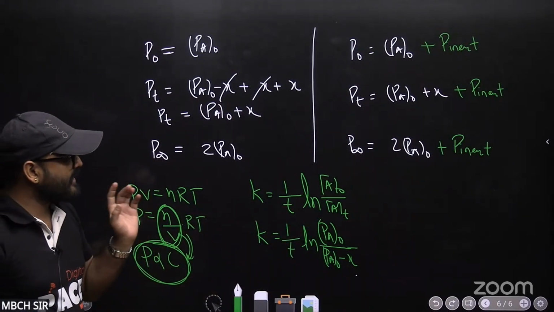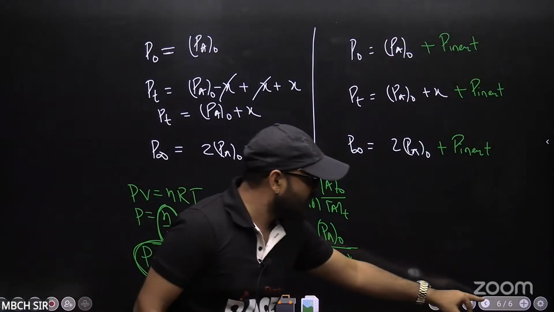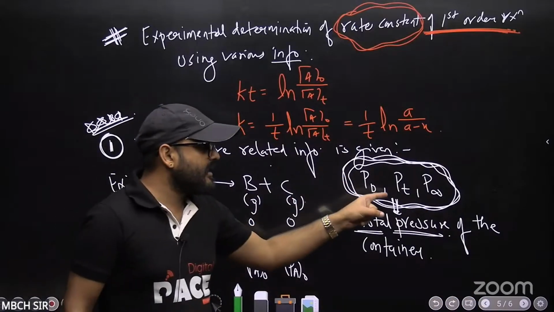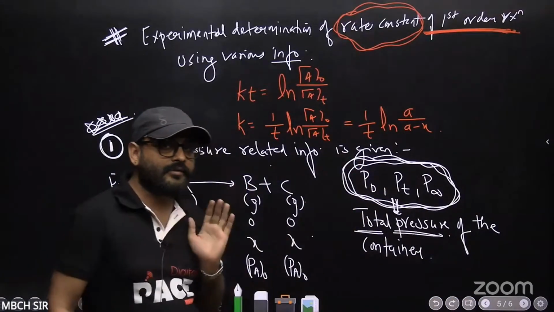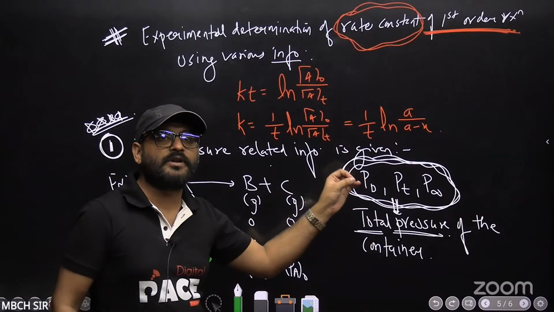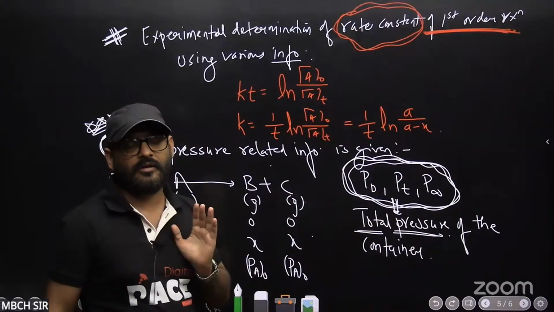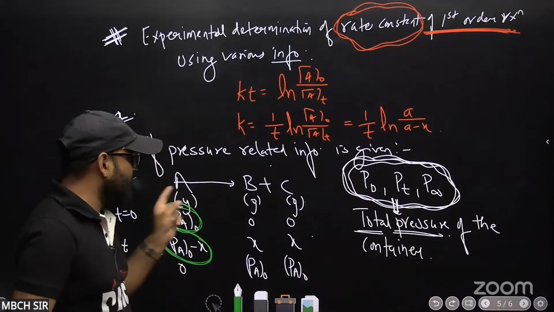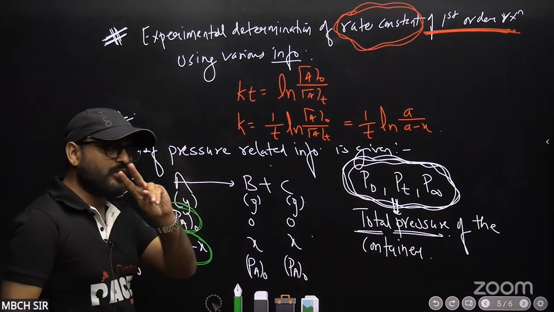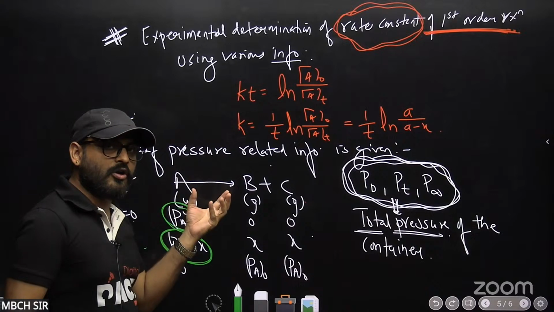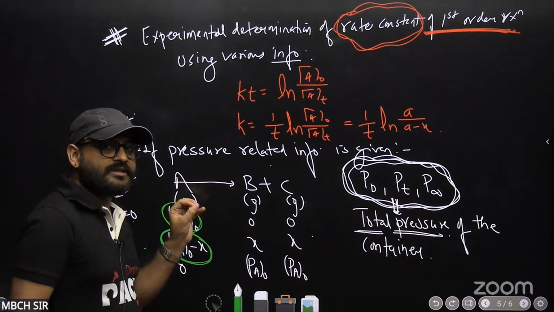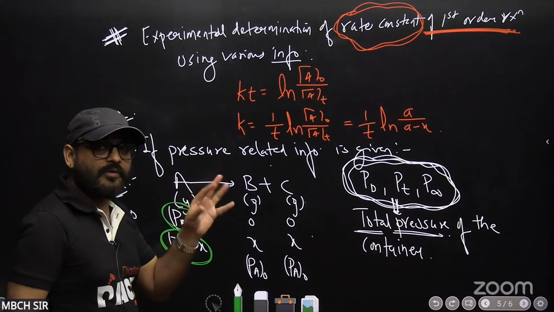I will summarize again. These three data are not the pressure of A. These three data are the total pressure of the container. Here they can do two types of variations: stoichiometric coefficient variation and state change, solid, liquid, gas.